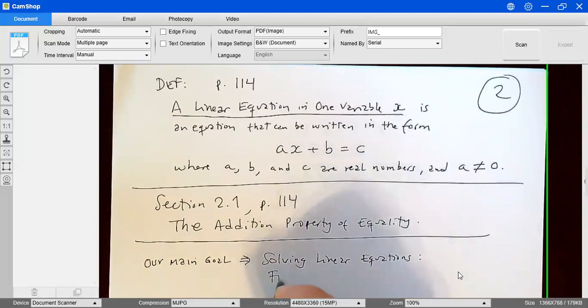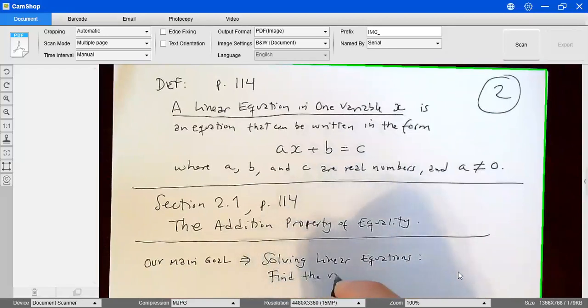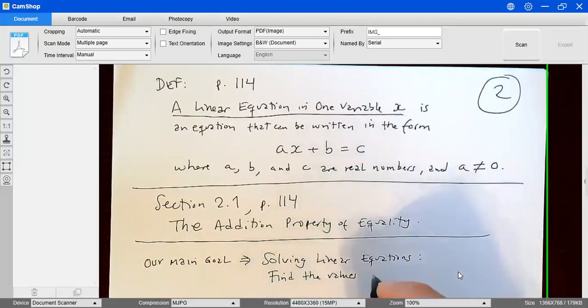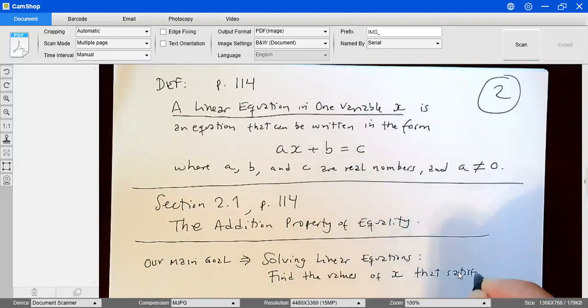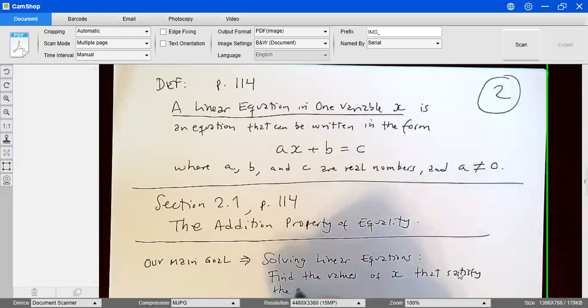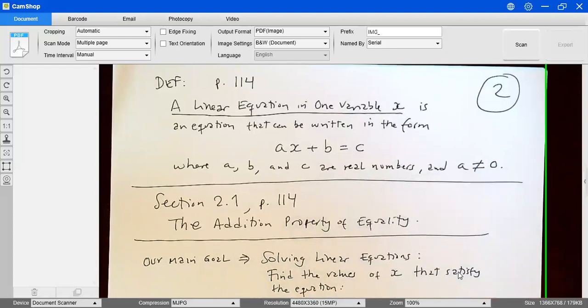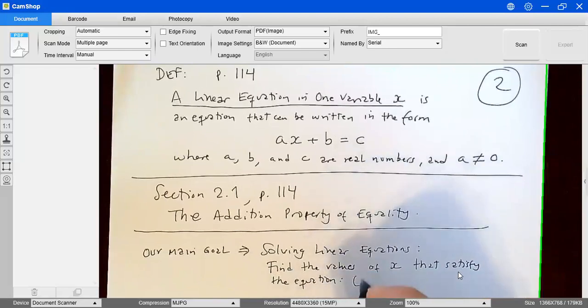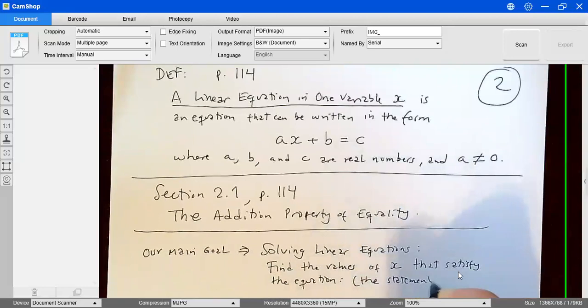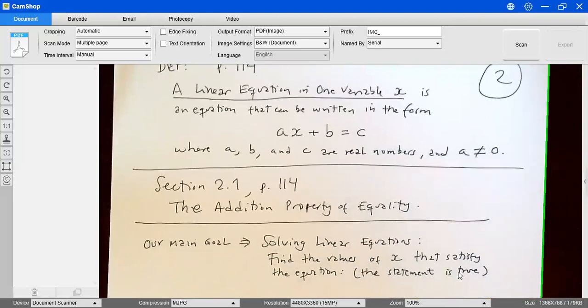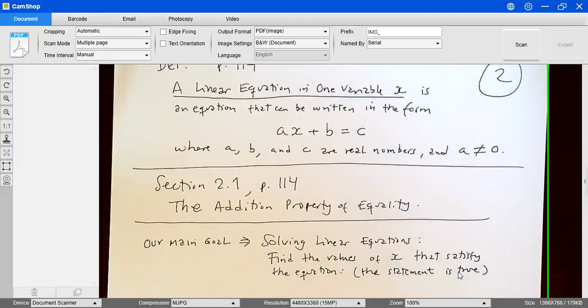It's just finding the values of x that satisfy the equation. What is this thing about satisfying the equation? That the statement is true. So that's the meaning of satisfying or finding a solution of a linear equation.